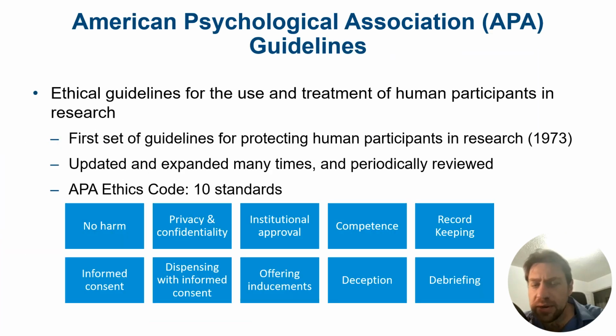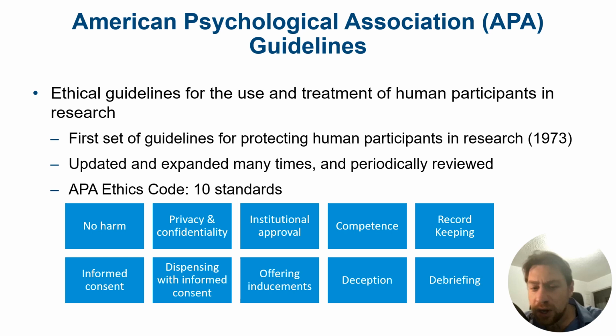All right, so the American Psychological Association, the APA, developed its first set of ethical guidelines in 1973. And it was in response to concerns raised by studies like Milgram's obedience study with the electric shocks. And so these APA guidelines are periodically revised and updated. And so the APA Ethics Code contains 10 ethical standards that researchers must be familiar with before conducting research on human participants.